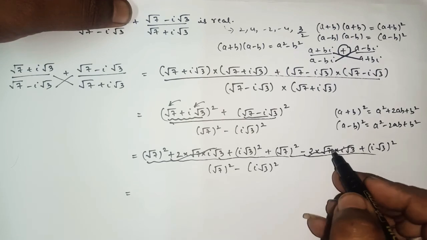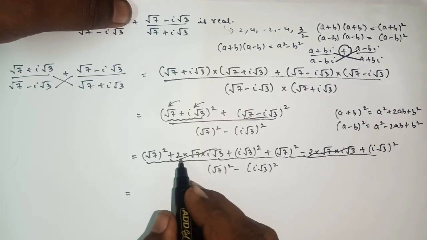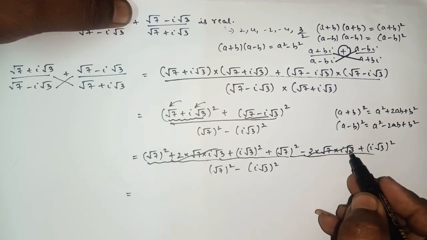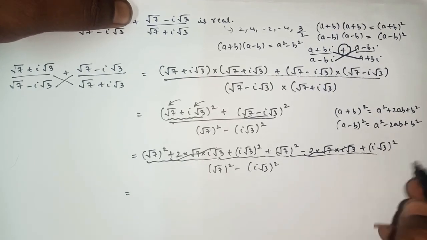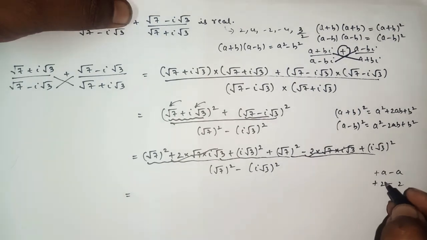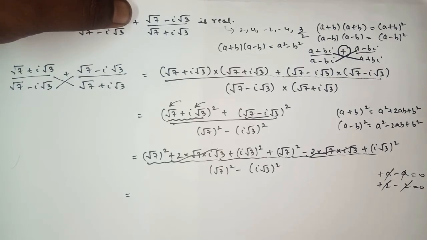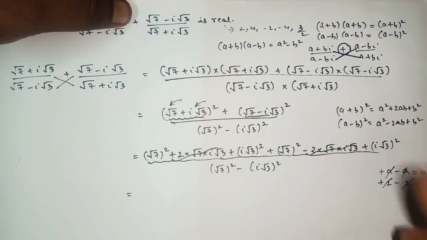But this we can cancel. When you multiply, whatever answer you get here, you will get the same answer with the opposite symbol. So plus 2 and minus 2, the same number with the opposite symbol, we can cancel it, as you will get 0. Yes or no? So we'll cancel this part.